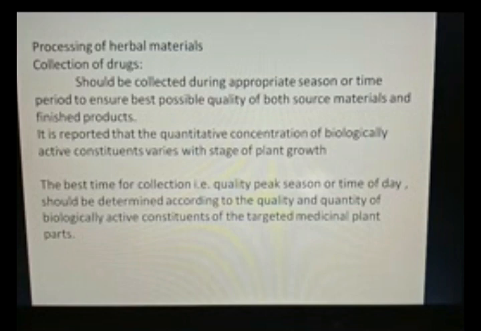It must be collected and transported in dry, clean conditions. During harvesting, care should be taken to ensure that no toxic weeds mix with the harvested medicinal plants or the crude drug.